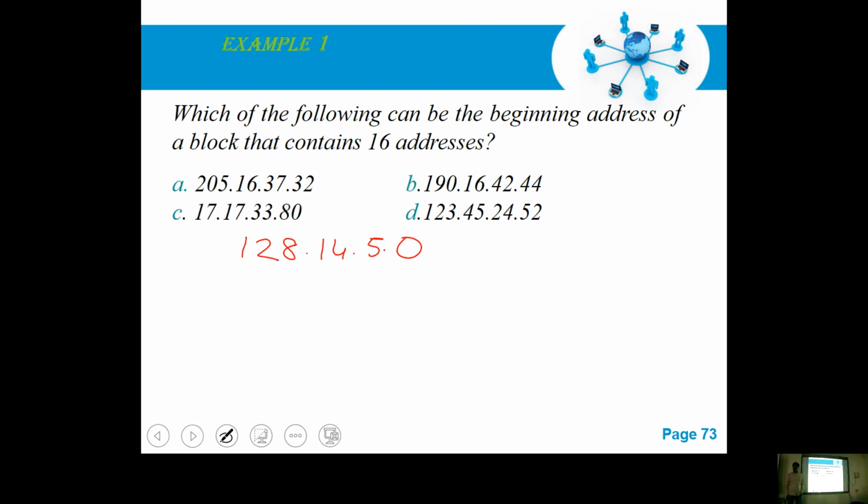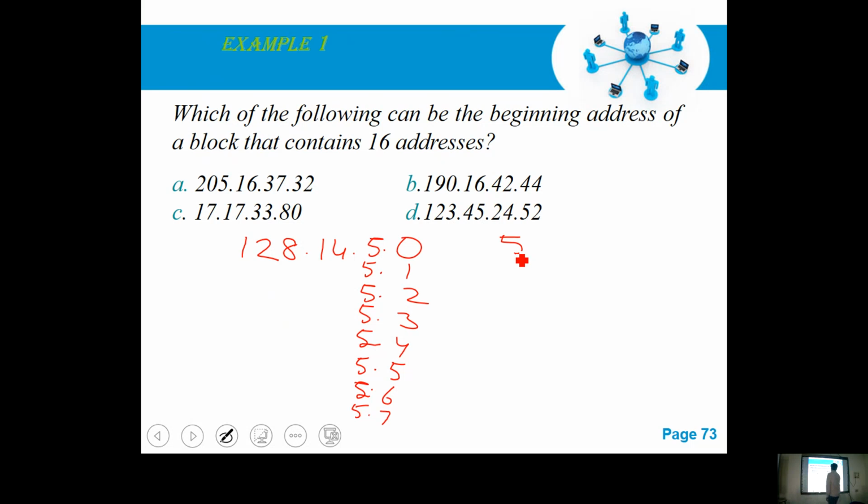If I need to allocate addresses for 2 devices, what will I do? I'll consider 5.1. Similarly, let me write first some addresses: 5.3, 5.4, 5.5, 5.6, 5.7.